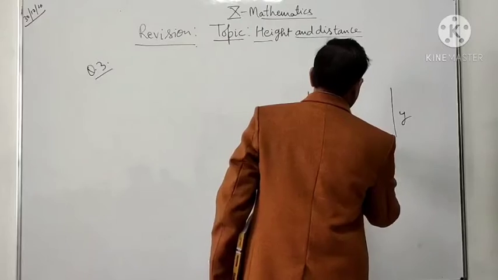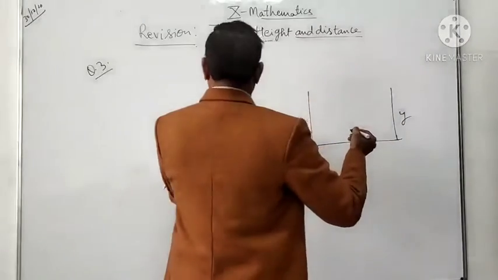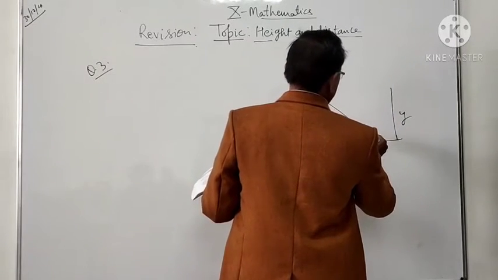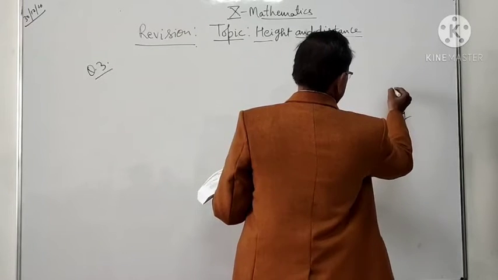So there are two towers, their height x and y. So let us join their feet. They make the angle 30 degree of height x. This is 60 degree.